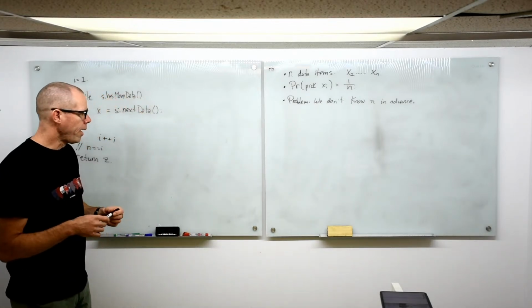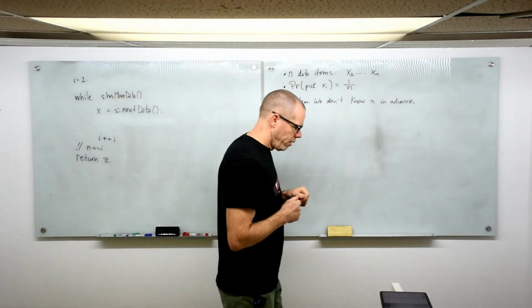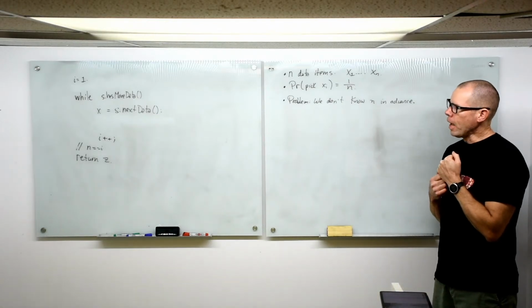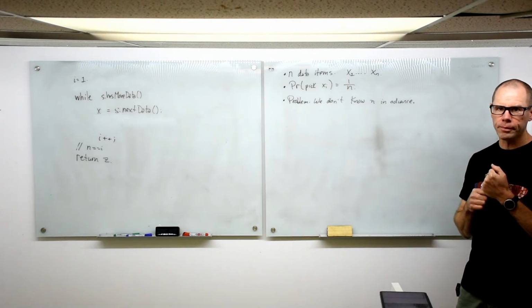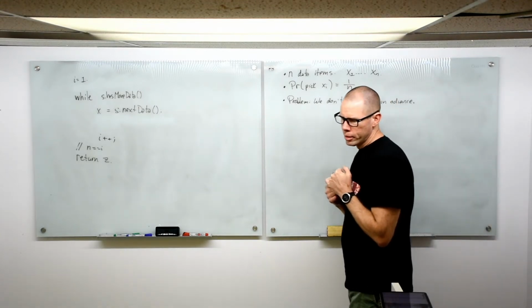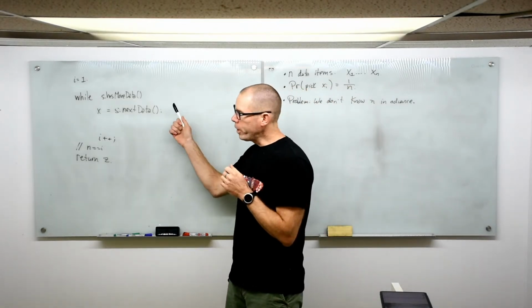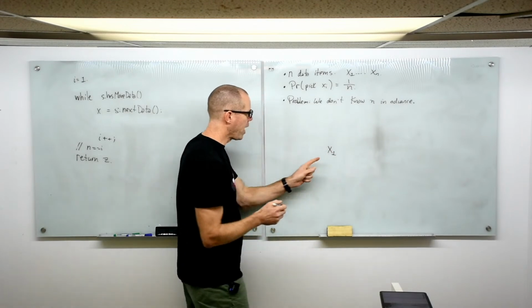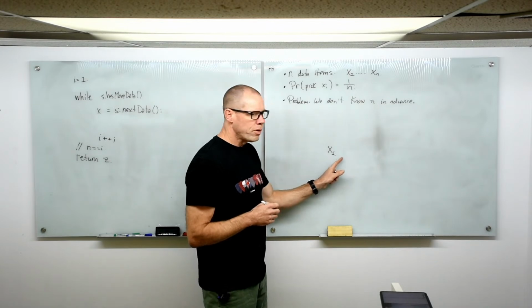So there's a couple of obvious cases. Since I don't know the value of n in advance, it could be that n is really small. It could be that n is 1, in which case I had better return something. So in particular, when I read the first data item, I'm reading a data stream that starts with some number x1, and when I read this number, I don't know if there's even an x2.